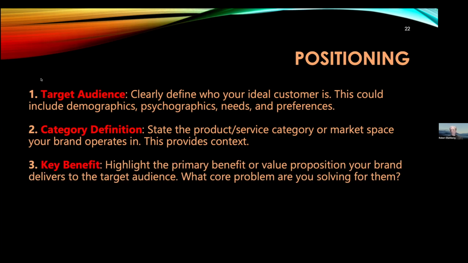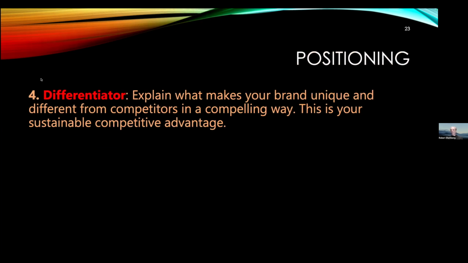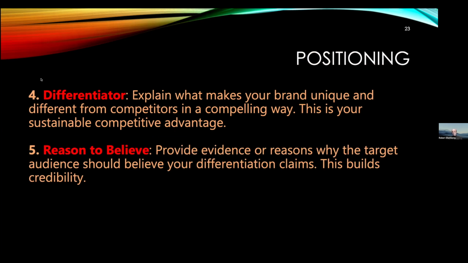What's the key benefit? And this goes back to what I talked about last time about a USP. What is it that uniquely lets us stand out vis-a-vis the competition? The fourth is a differentiator. Explain what makes your brand unique and different from your competitors. And then lastly, what's the reason to believe? Provide evidence or reasons why the target audience should believe your differentiation claim.